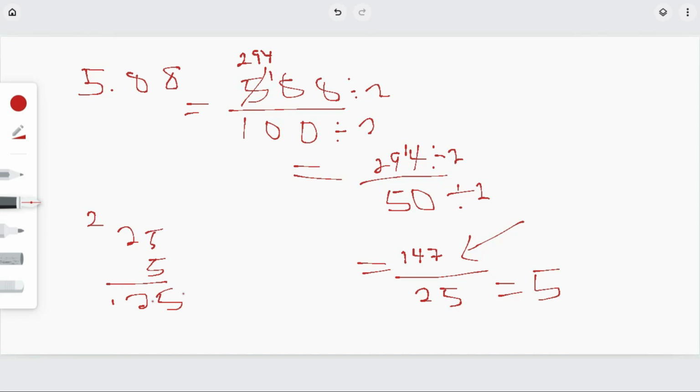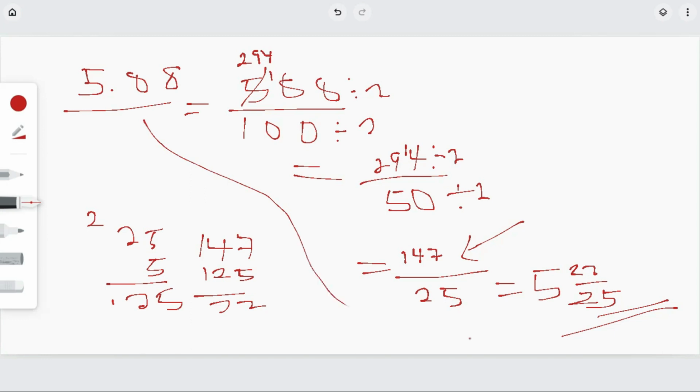You understand? So if you now subtract 147 minus 125, we are going to get 22. So the answer will now be 22 over 25. So that's the correction.